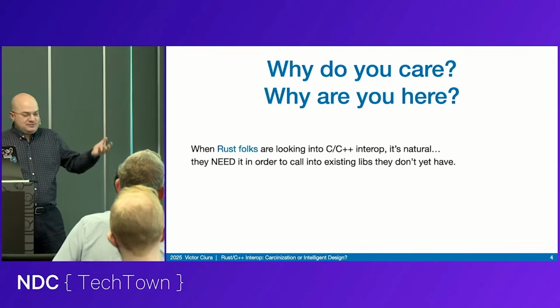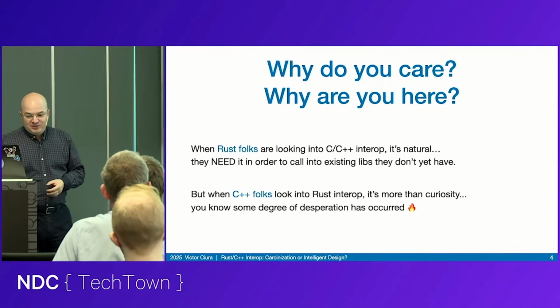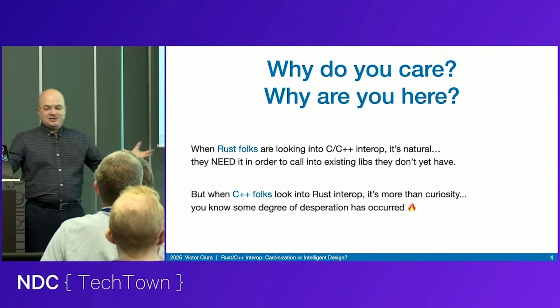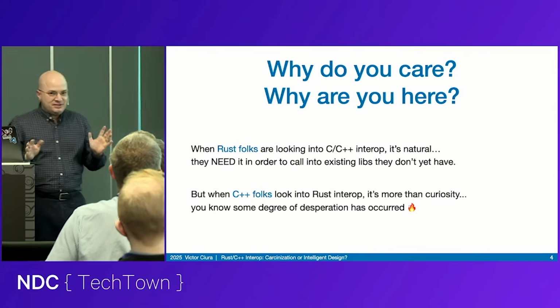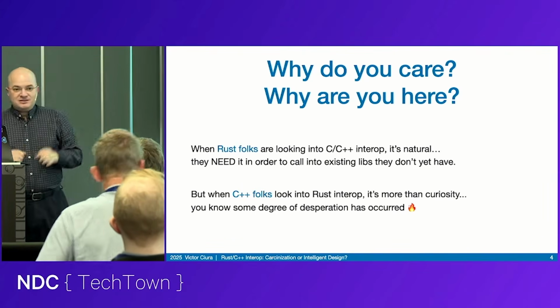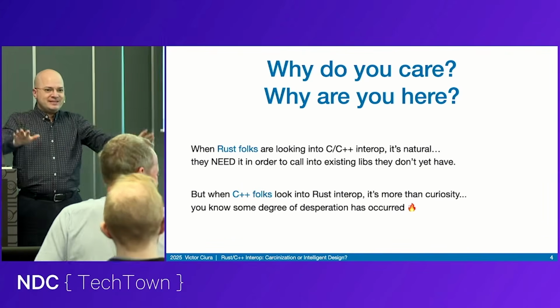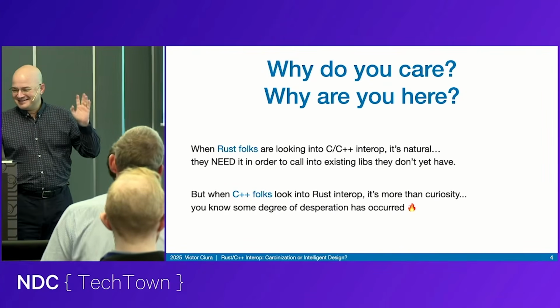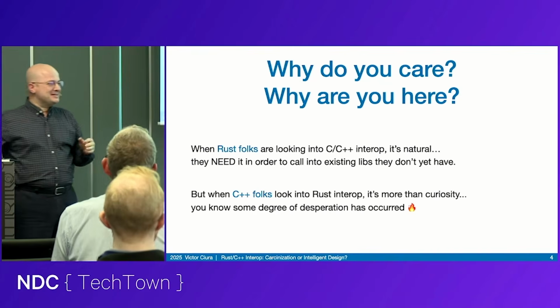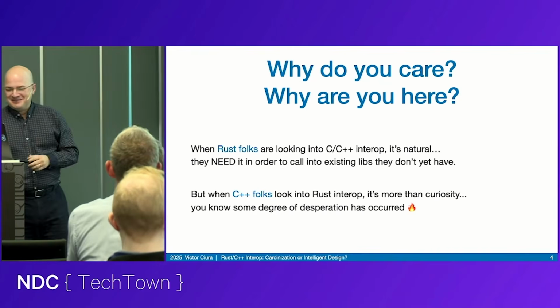So they kind of have to. But when C++ folks care about Rust interop, then I think some degree of desperation is involved. So don't throw things at me. You self-selected to come here. So it is what it is.